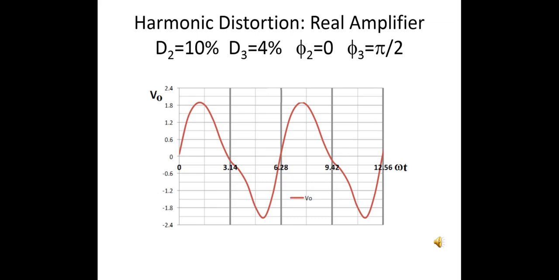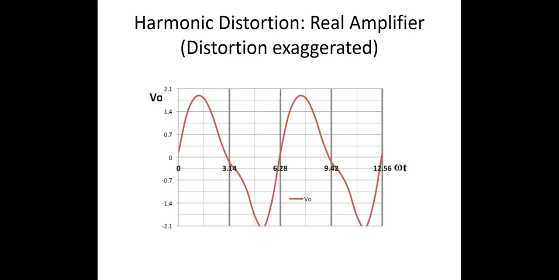Here you have a distorted waveform, and you can see that we no longer have a pure sinusoid. On the top of the graph you can see certain parameters which show the extent of the distortion in the signal. We will have a detailed discussion on these parameters as we proceed further. Here is another example with an even higher level of distortion.